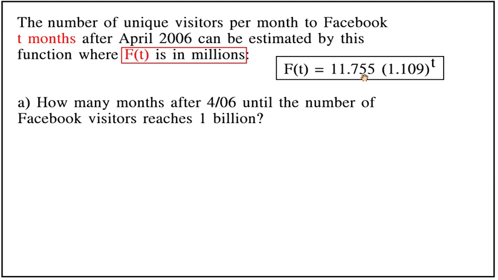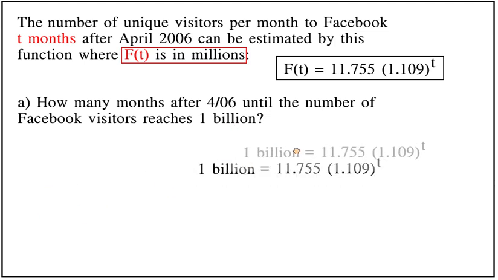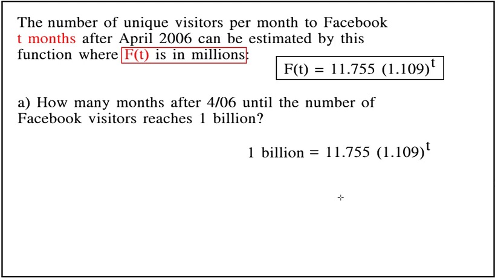Now, when we go to solving this part right here, I think many of you will be tempted to write the equation like this. You want the output to be 1 billion, and you want to solve this for t. You want to know what value of t, how many months after April 2006, will generate 1 billion unique visitors to Facebook. And that's almost correct. The problem is the output has to be written in terms of millions.